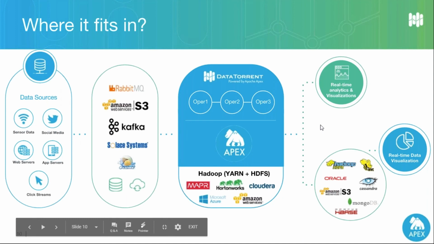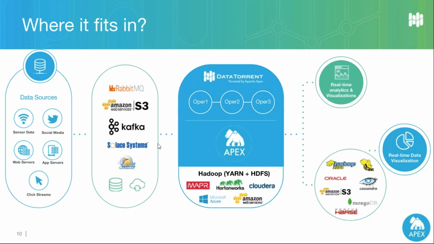So, this is a typical slide which covers many questions which get asked in a webinar. It explains where Apex fits in. As you can see in the blue box in the middle, the DataTorrent or Apache Apex engine is actually a stream processing engine.